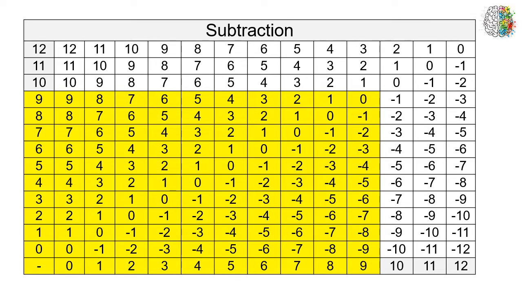So for example, we can look at 12. We start at 0. So if we're looking at this column here, we're going zeros all the way down to the 9.